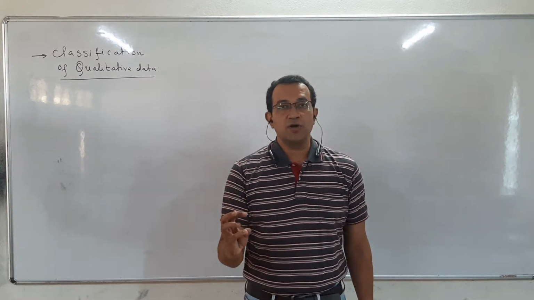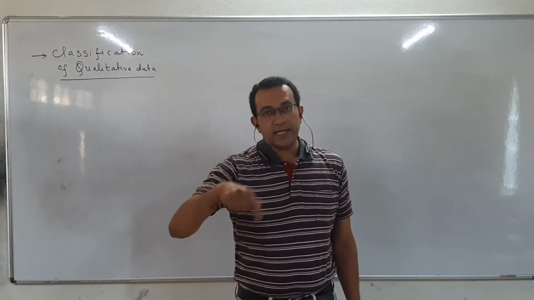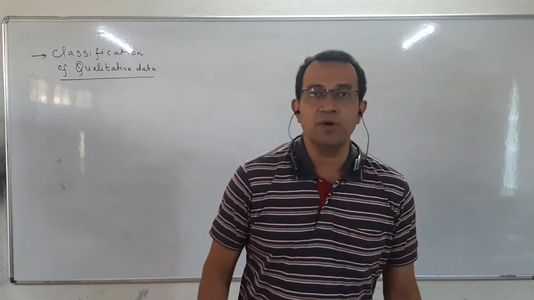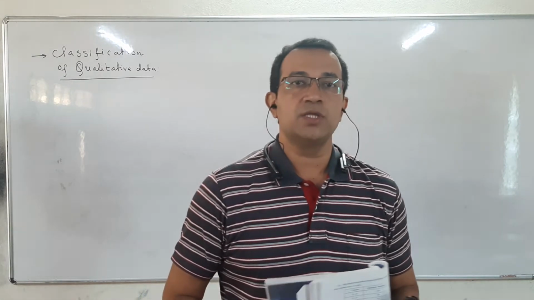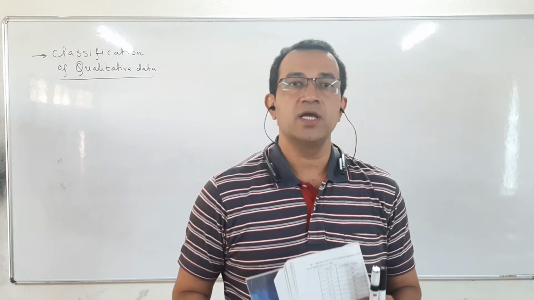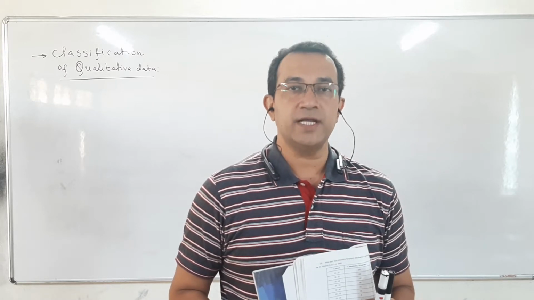Students, pay attention. The process of systematic arrangement of attributes or qualitative data in the form of rows and columns on the basis of standard of classification is called classification of qualitative data.